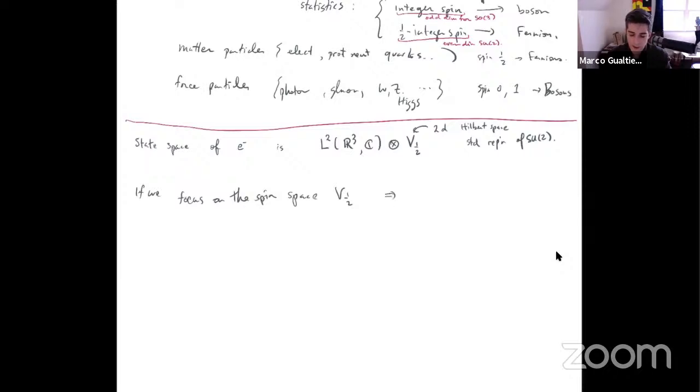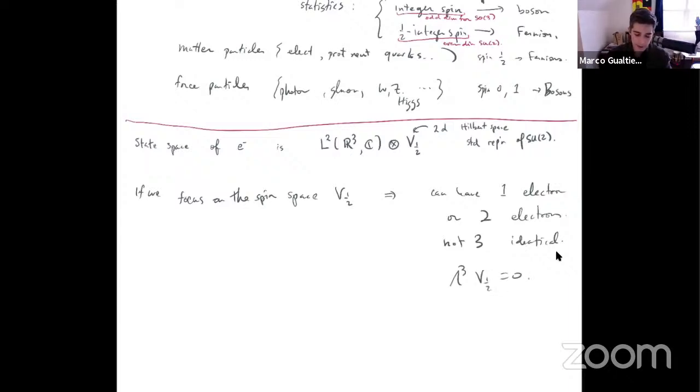This means that we can have one electron or two electrons, but not three identical electrons, just because wedge 3 V1/2 is 0.